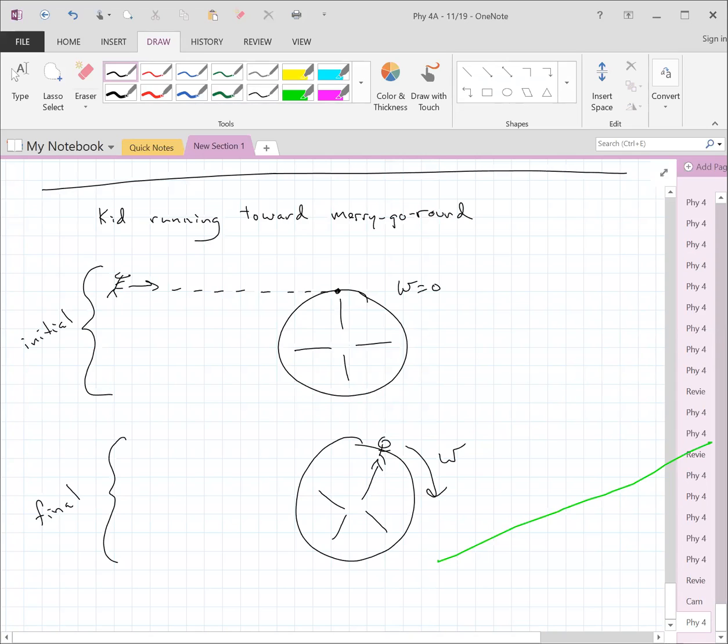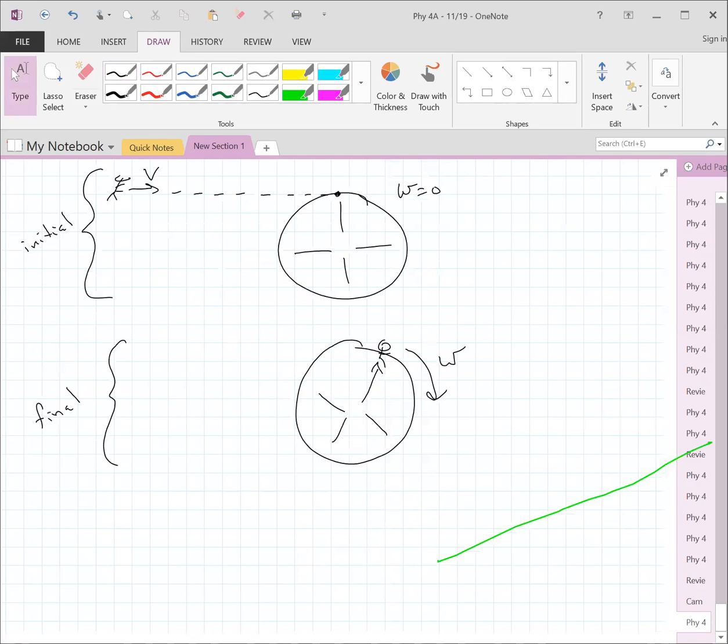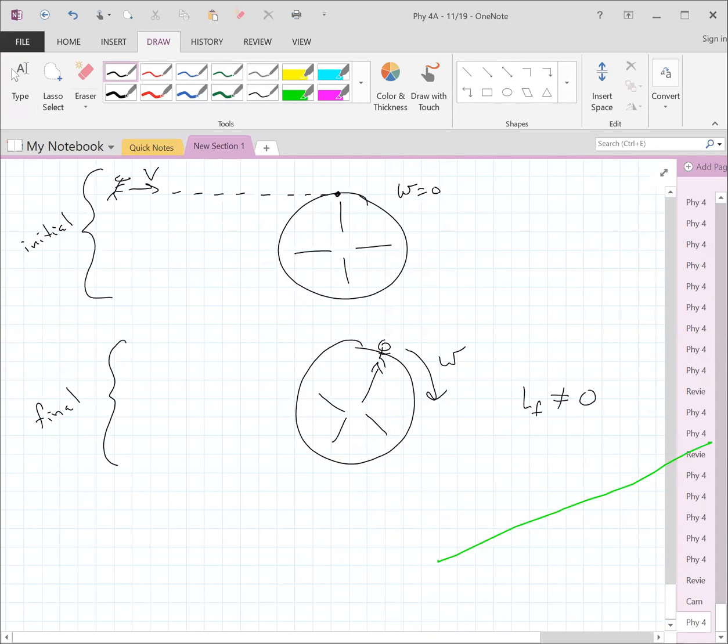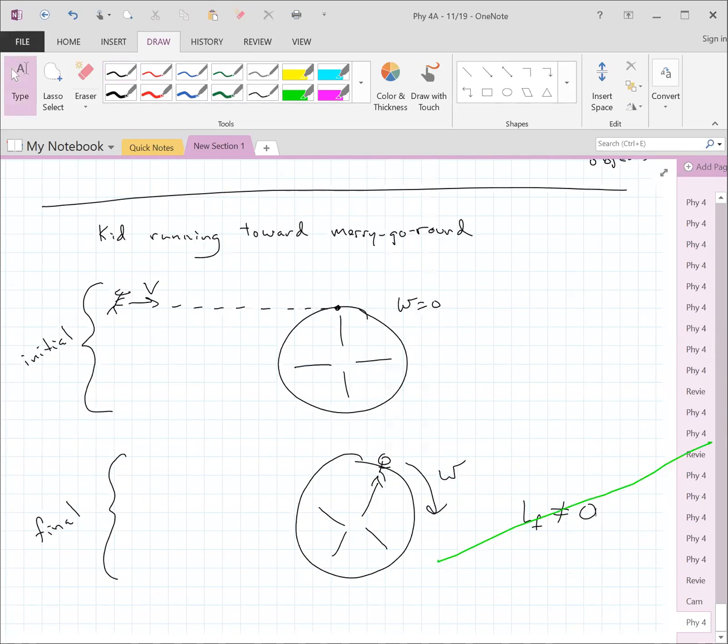Okay, so initially the disc is just sitting there. It's not rotating at all. The kid's running toward the merry-go-round, jumps, lands on the edge, and the whole thing starts rotating. So would you agree that in the final case there's some angular momentum in the system? We have something rotating, right? L is equal to I omega.